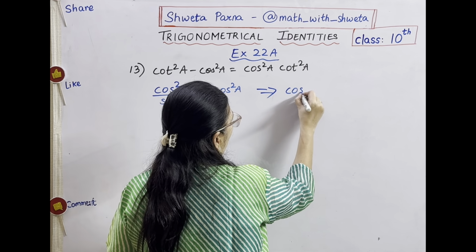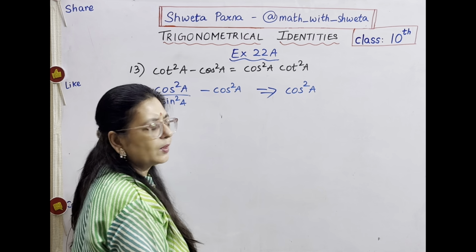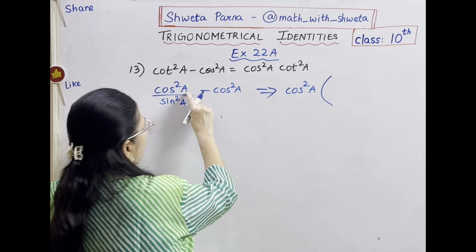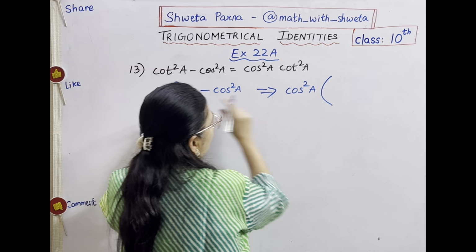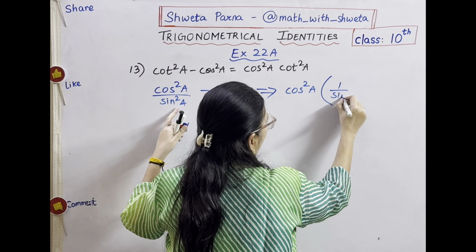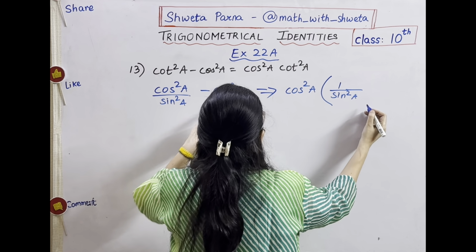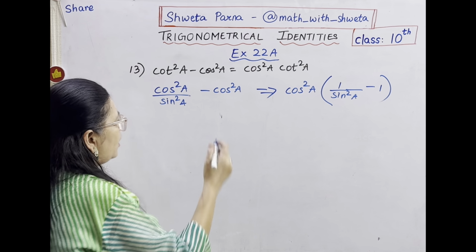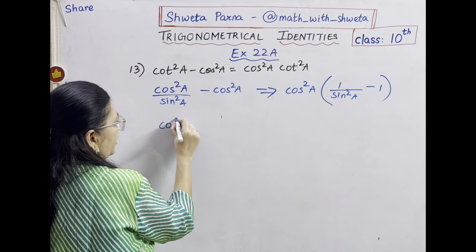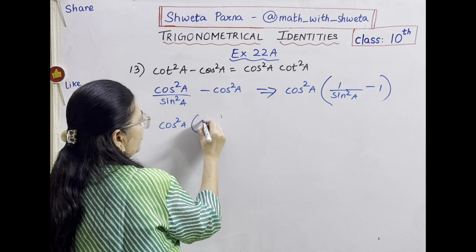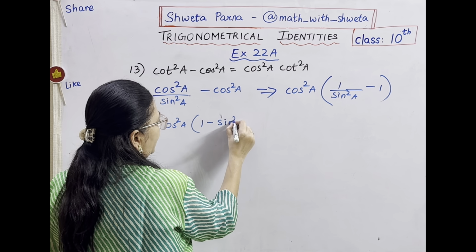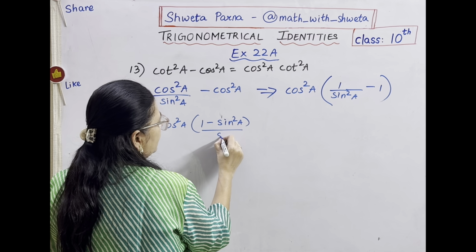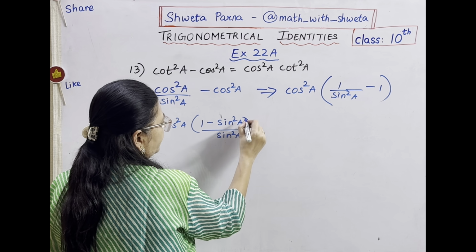It is cos square A. What is left from here? If I take cos square A, 1 upon sin square A is left. From here I take cos square A, so minus 1. Now cos square A, take the LCM, 1 minus sin square A upon sin square A.